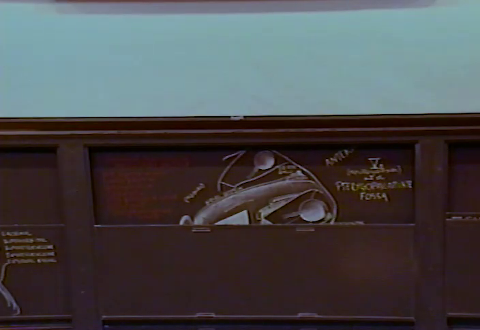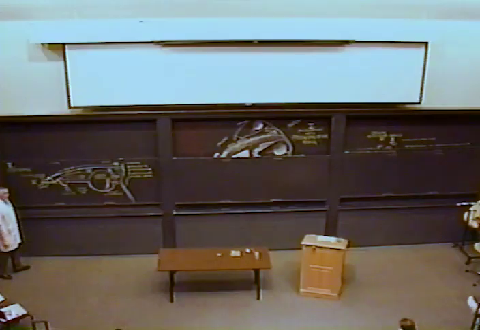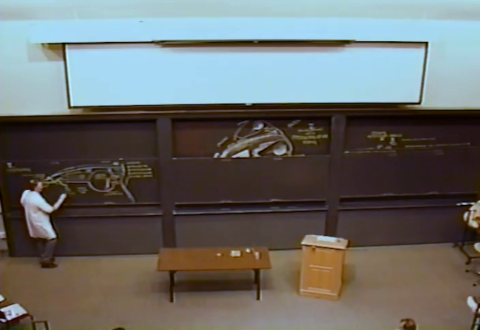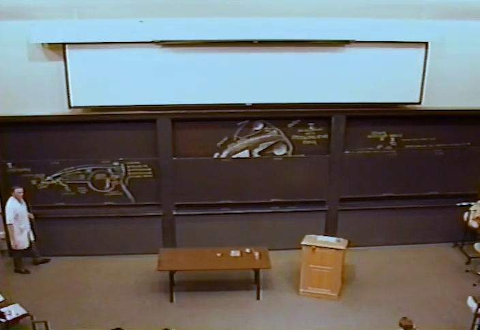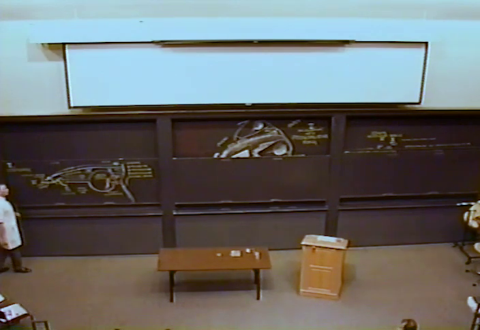Hanging off the inferior division is a ganglion, the ciliary ganglion, where presynaptic axons synapse with postsynaptic cell bodies.